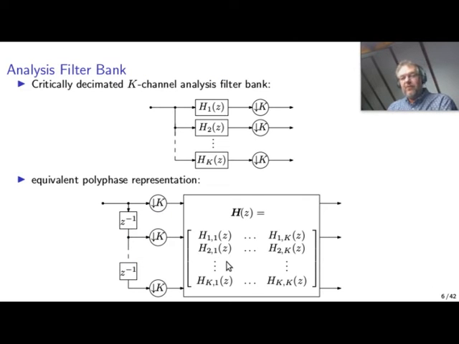If you, for example, deal with filter banks for audio or video coding, then typically you decompose a signal through a series of low pass and band pass filters into different frequency bands. And because of the band limitations, you can decimate or subsample these signals.